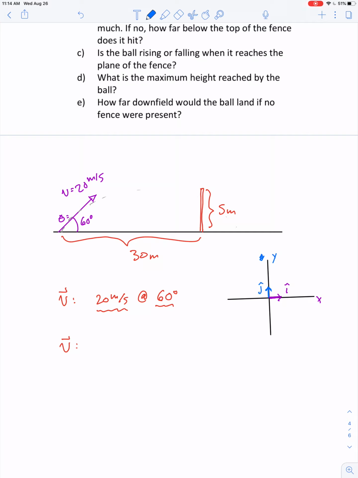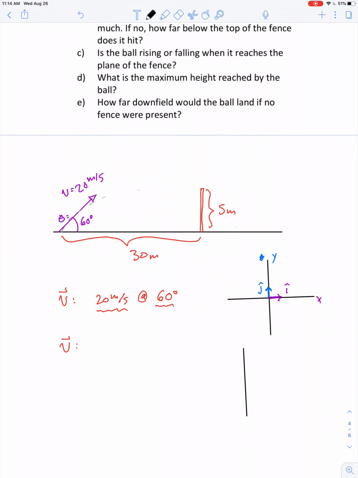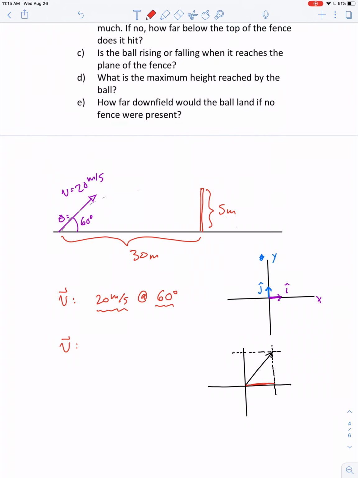So what we could do is take any vector. Let's say there's a vector, well, just like this soccer ball, that's 20 units long at an angle of 60 degrees. We know we can represent the components of that velocity by using the parallelogram method and deconstructing the vector into its components. So there's a horizontal component, and of course there's some vertical component.